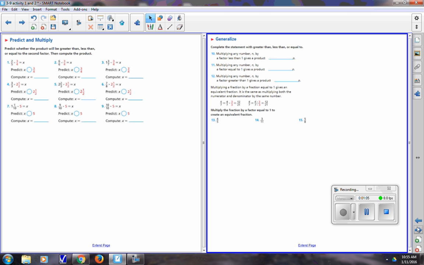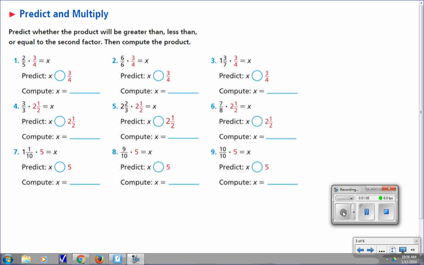But first thing I want you to think about is lesson 7. This is lesson 9, so I'm asking you to go 2 lessons back. We were comparing multiplication with whole numbers to multiplication with fractions. Do you remember that? And how a product with a fraction is smaller and a product with whole numbers is greater. Okay.